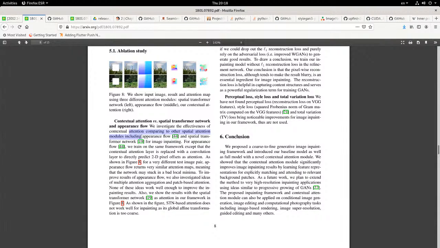A range of other spatial attention models including appearance flow and spatial transformer network. For appearance flow in image in-painting, we train on the same framework, except that the contextual attention layer is replaced with a convolutional layer.